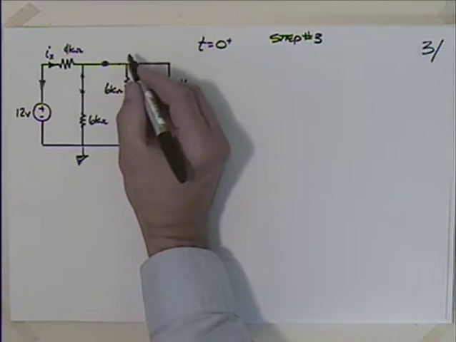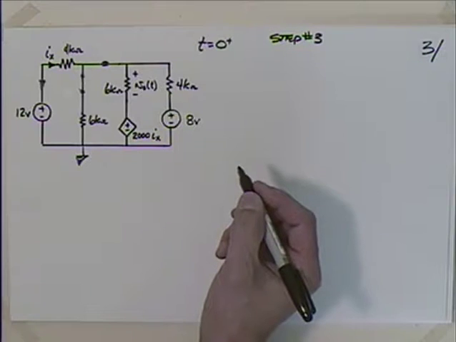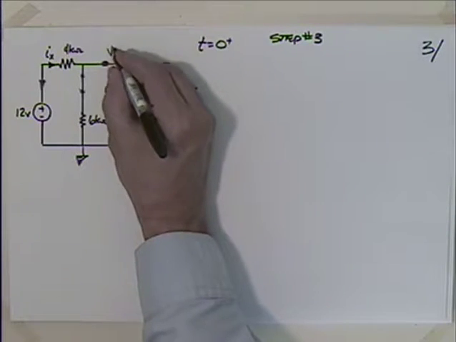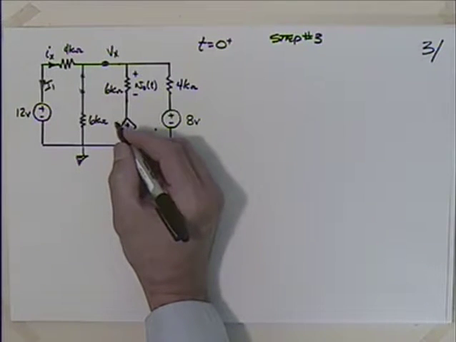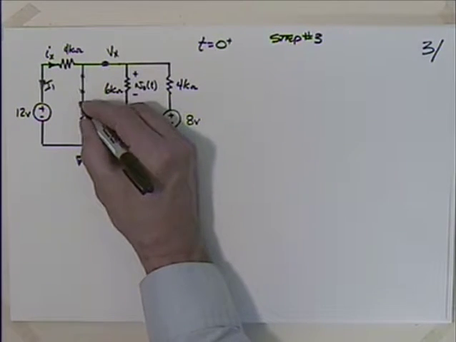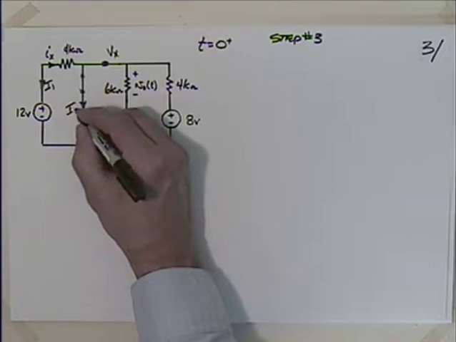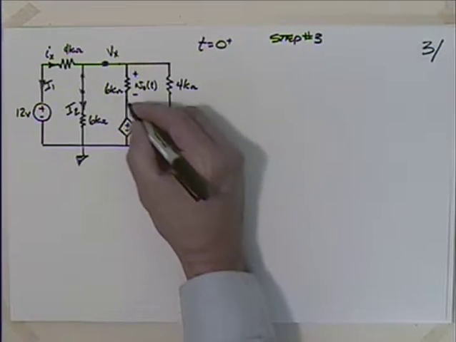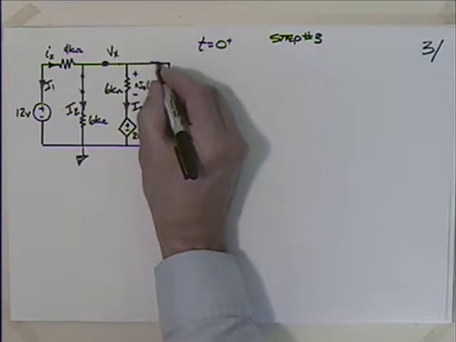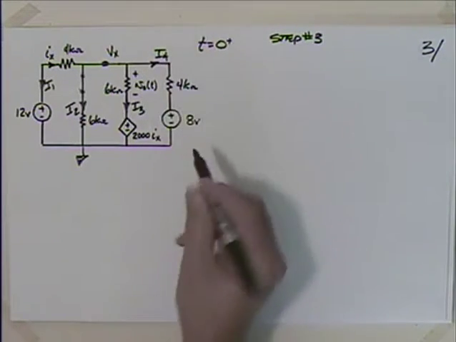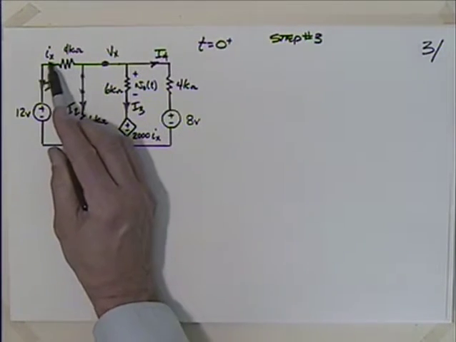I could say that that is, maybe I'll call that Vx. And I'm going to call this I1, and maybe I'll call this then I2. Why don't I call this I3, and we'll call this I4. And you could, if you wanted to leave Ix there, that'd be fine.